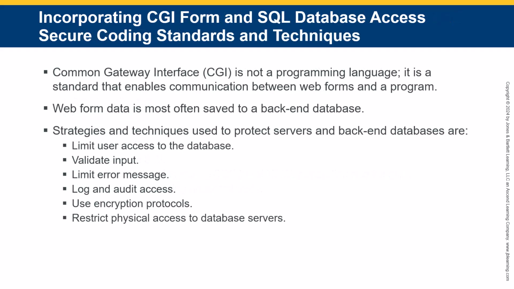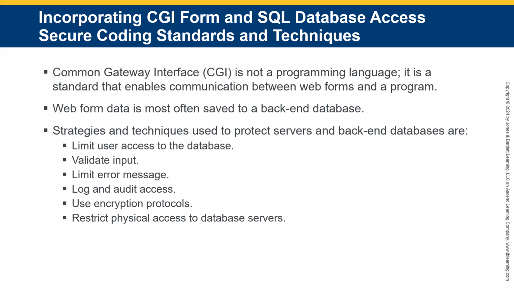If we're looking at CGI and SQL database access, while CGI is not a programming language, it is a standard that enables communication between the web forms and the programs. Web form data is often saved in the backend database, so there is going to be some connection here.